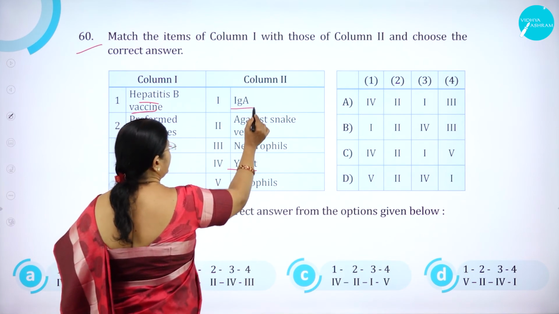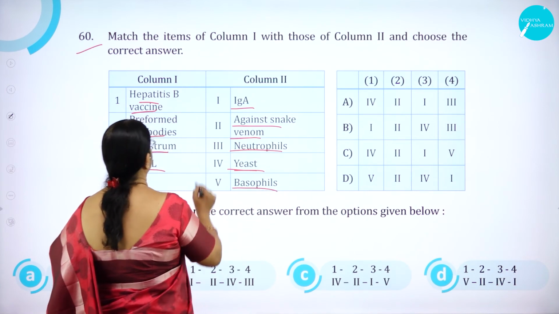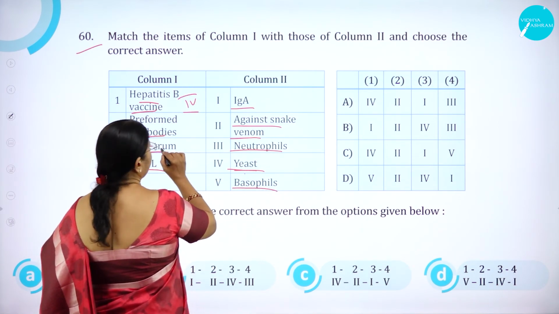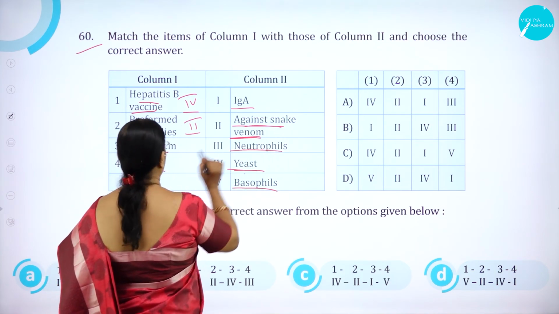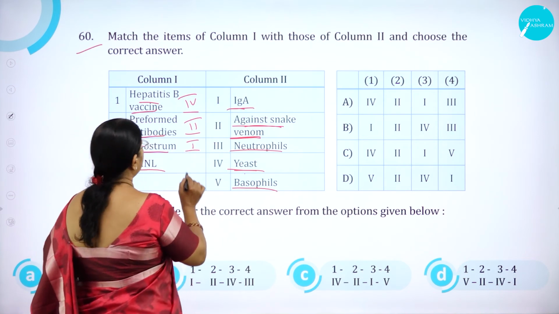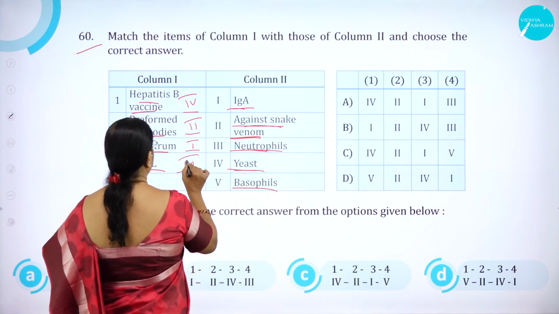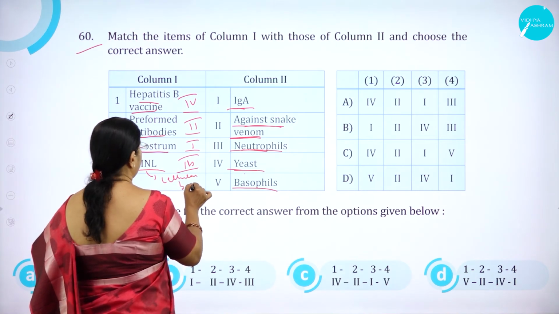So here: IgA, against snake venom, neutrophils, yeast and basophils. Hepatitis B is yeast. Then preformed antibodies against snake venom. Then colostrum, IgA. Then PMNL, that is neutrophils. PMNL are cellular barriers.